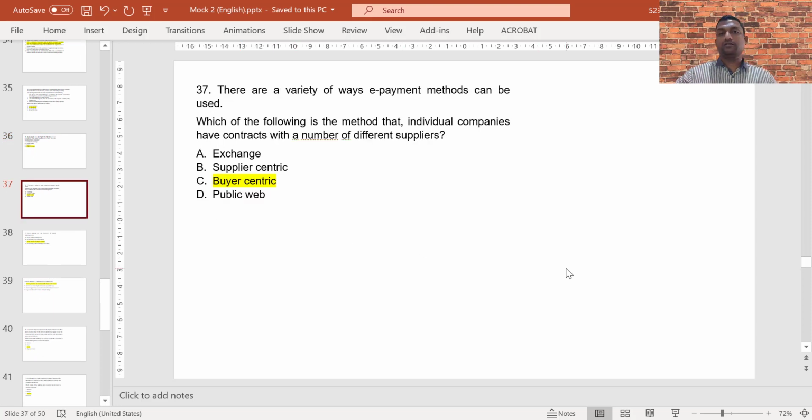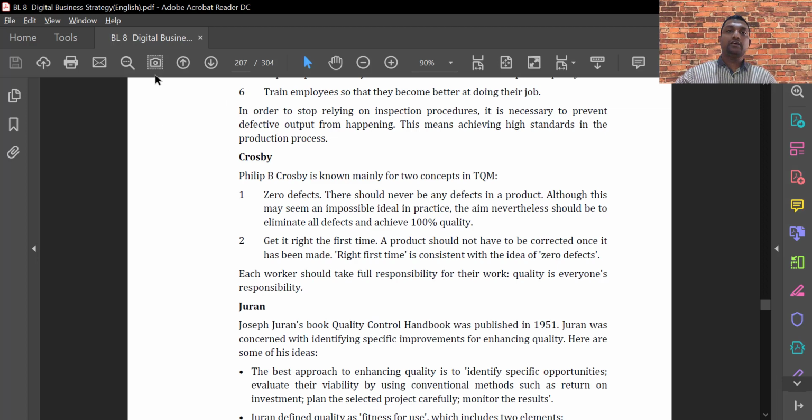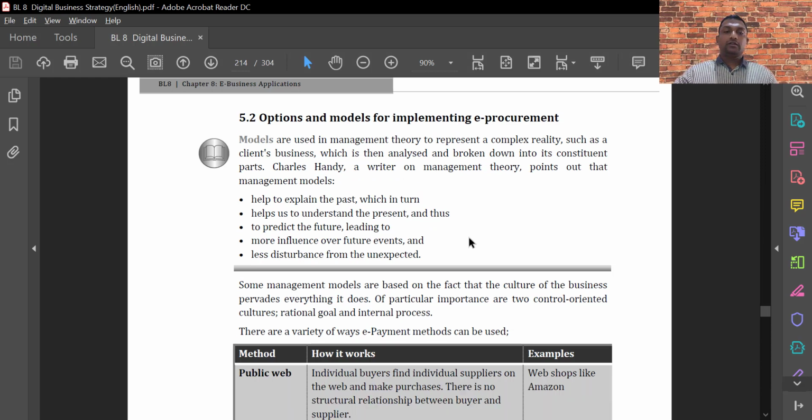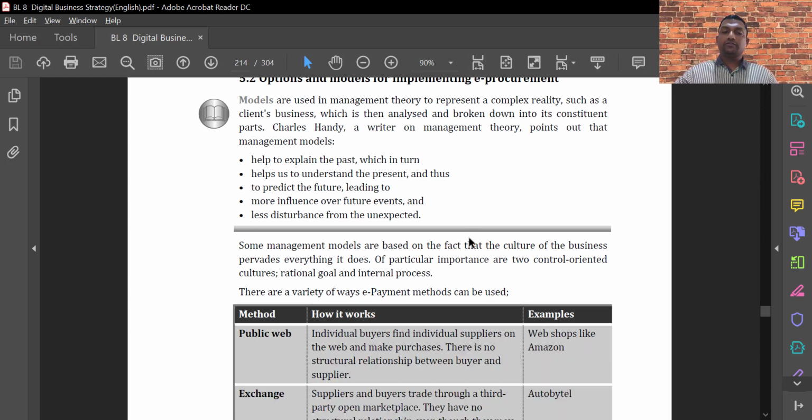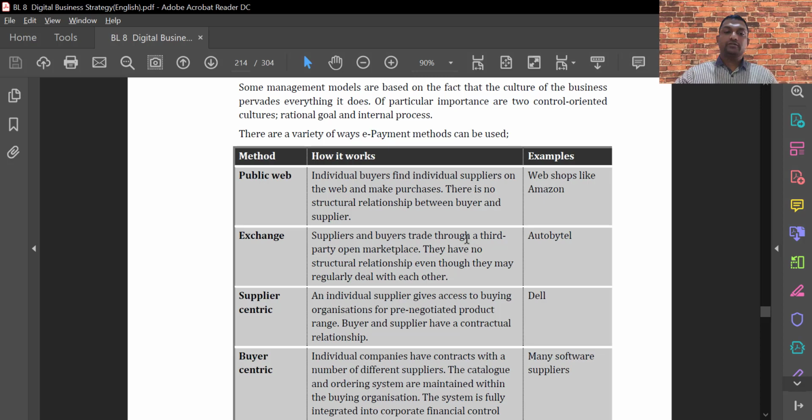Question number 37. There are a variety of ways e-payment methods can be used. Which of the following is the method that individual companies have contracts with a number of different suppliers? Question number 37 is discussing these contracts. So let's move to different types of these contracts.